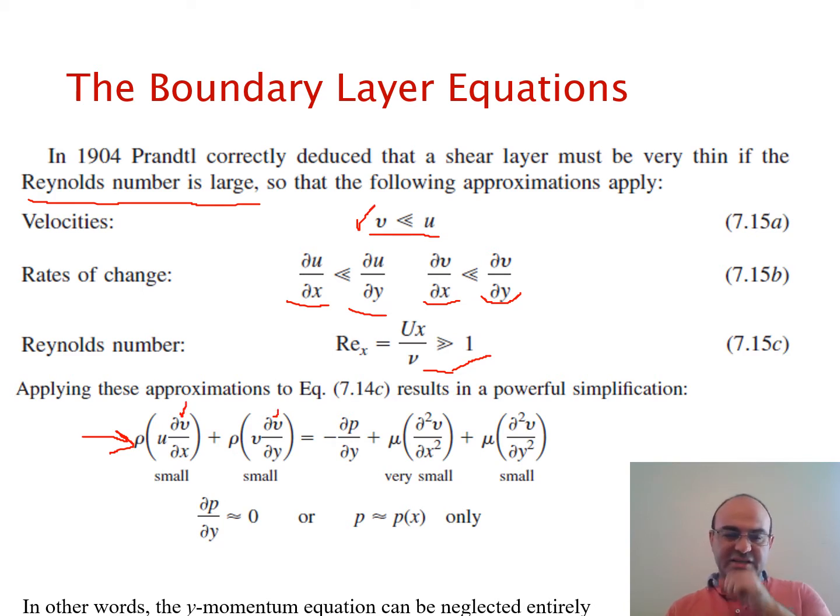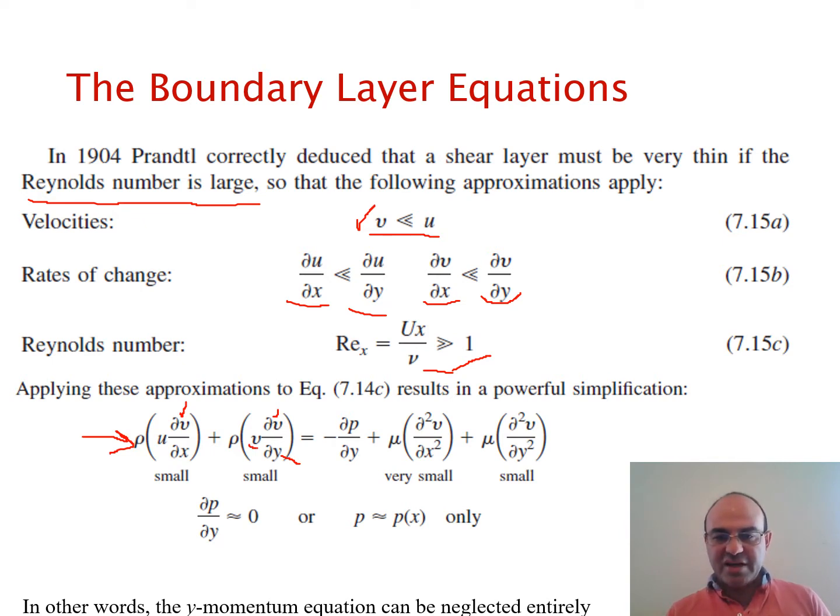If you look at these terms, for instance, here you have partial v partial x, and this v is very small. Then the second term has a v which is small, another v which is small, and y is proportional to delta. So this term overall is small because of this v that we have.